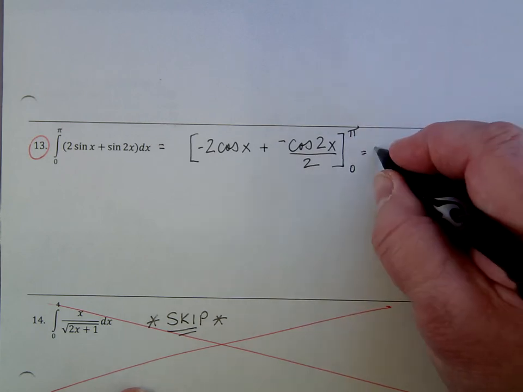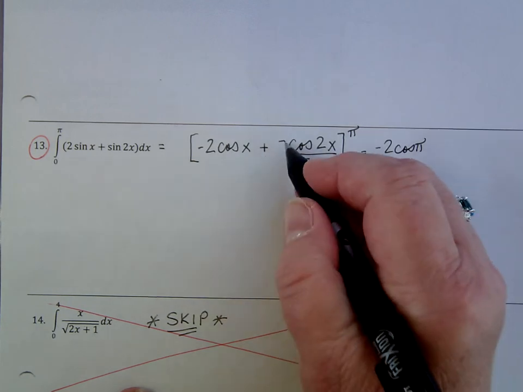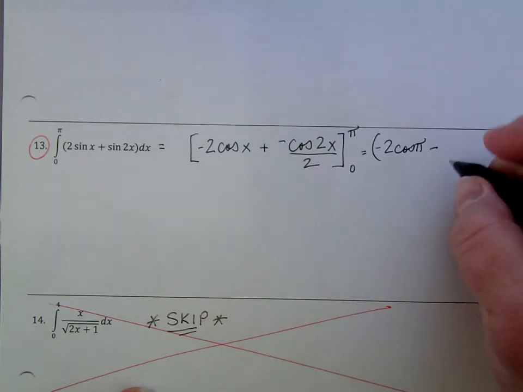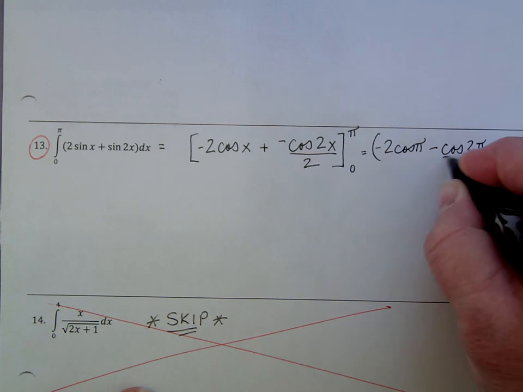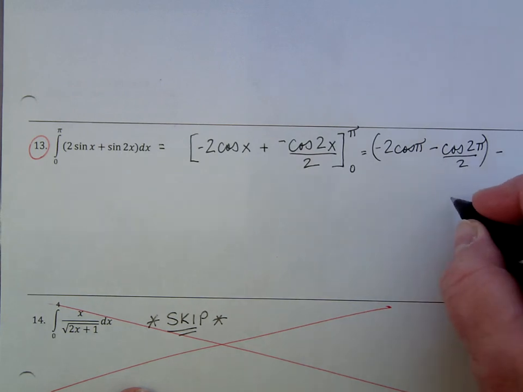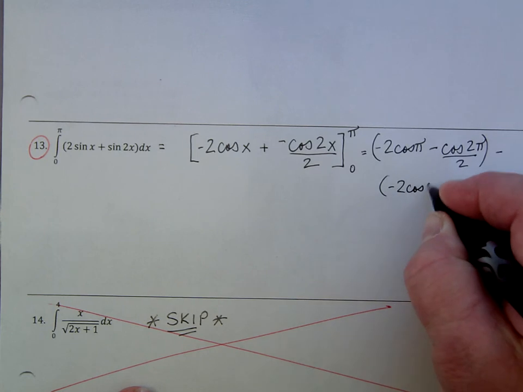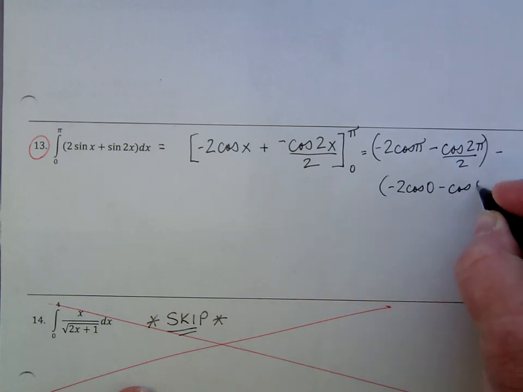So negative 2 cosine of pi minus cosine of 2 pi over 2. That's my f of b. And I'm going to subtract it when I put a 0 in. So the 0 one would look like this: negative 2 cosine of 0 minus the cosine of 2 times 0, over 2.